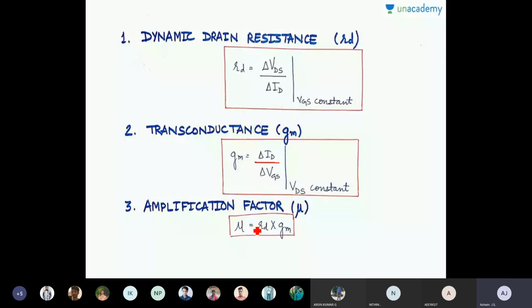And what is your amplification factor? What is the amplification factor which we found in the BJT transistor? Alpha, beta, gamma, which we saw in the BJT transistor.